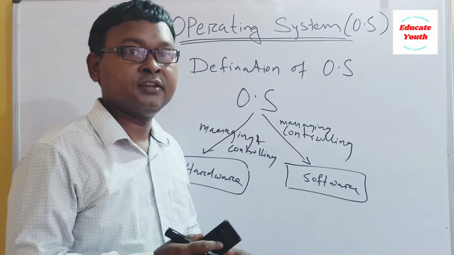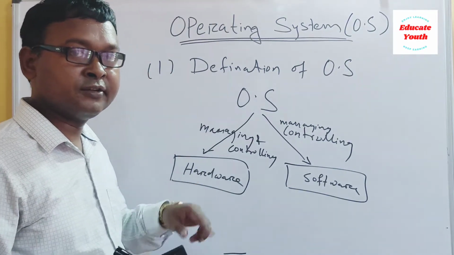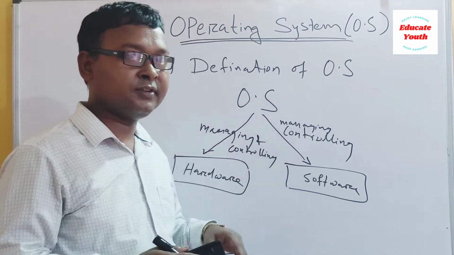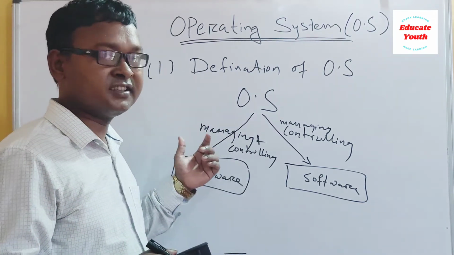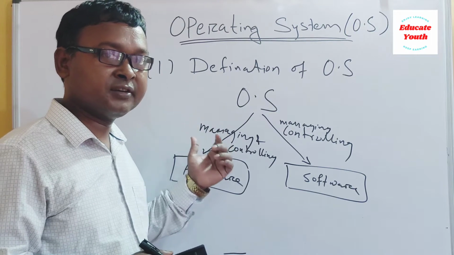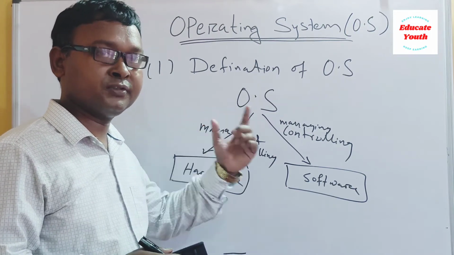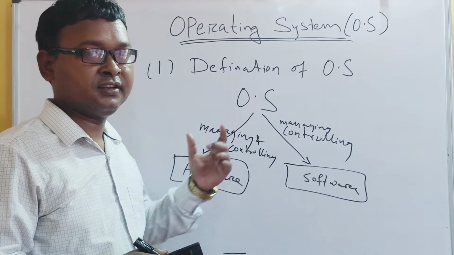Understood? So we will be discussing the scheduling algorithms. Before discussing the scheduling algorithms, I want to discuss some important terms so that it will be useful for the study.